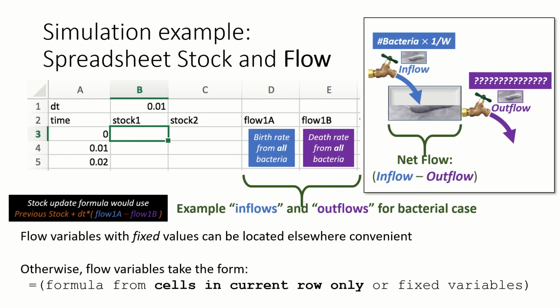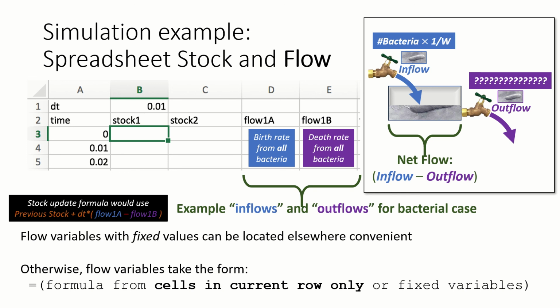As an example, with my bacterial column here, I already showed you how to do an inflow, but I'm also going to ask you in number 2 to simulate an outflow, a death rate. The birth rate from all bacteria goes into one flow, that's the 1 over W. But then the question is, how do I simulate an outflow, a negative flow where each bacterium only survives for a certain amount of time?